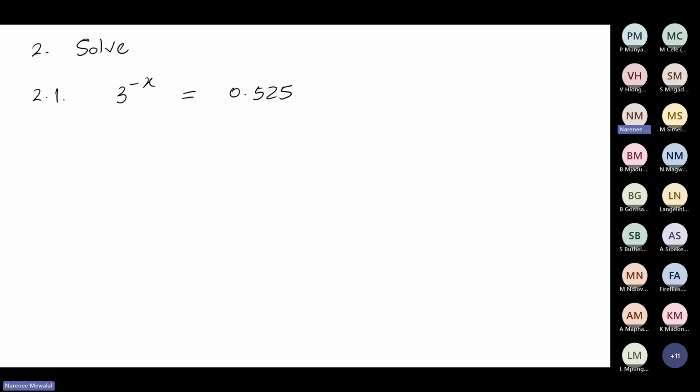Then in question 2, you had equations, and you want to solve for x.